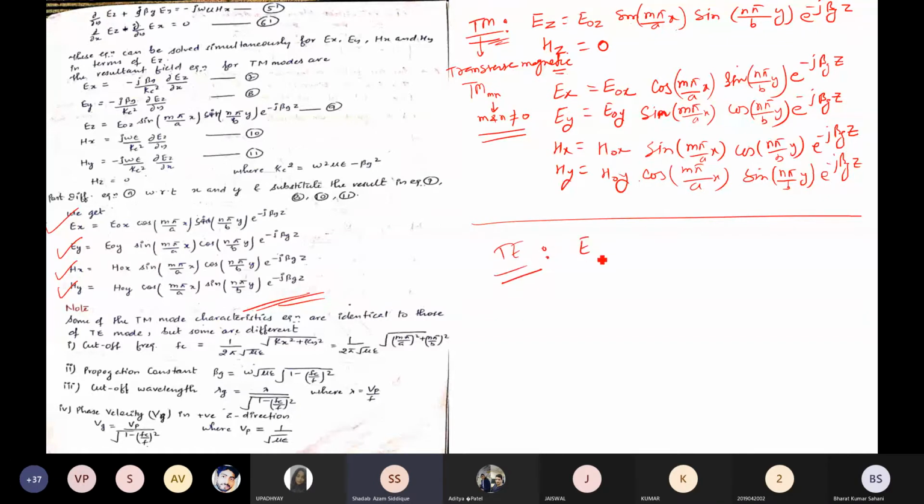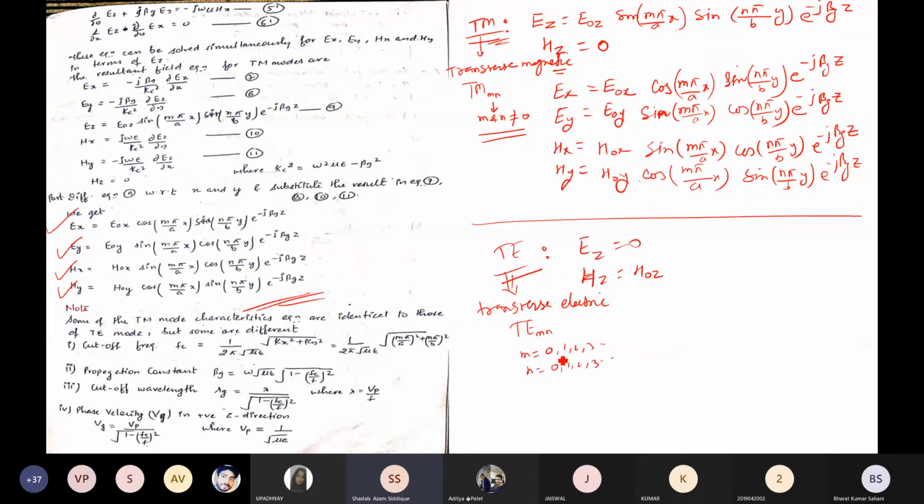We have the TE mode. So Ez will be 0 and Hz will be written as H naught z. Now we don't know whether it is a cos or sine. So I'll take transverse electric, TE mn, and m can be 0, 1, 2, 3, and n can also be 0, 1, 2, 3.